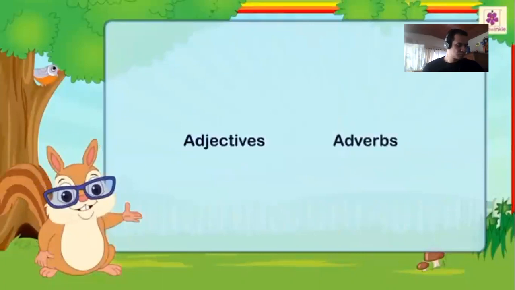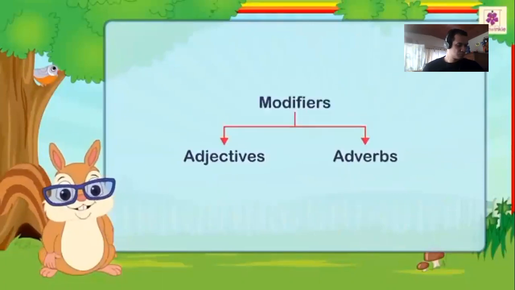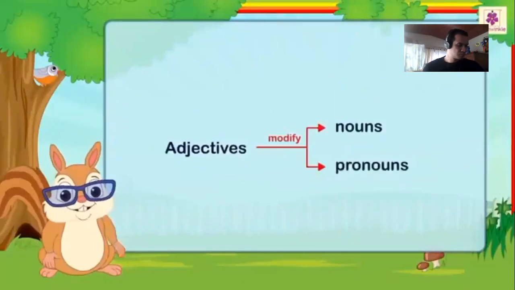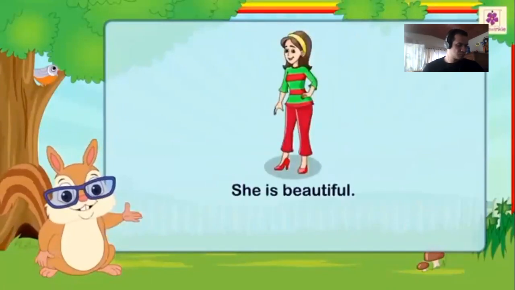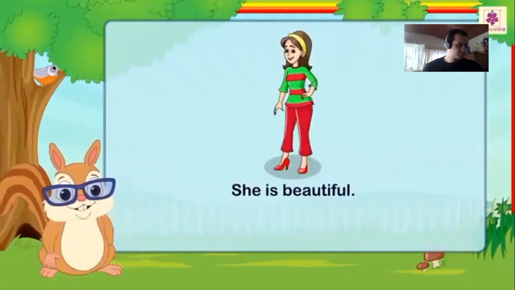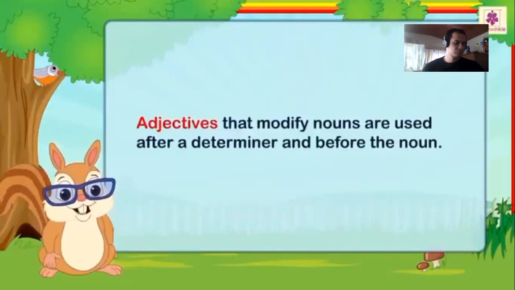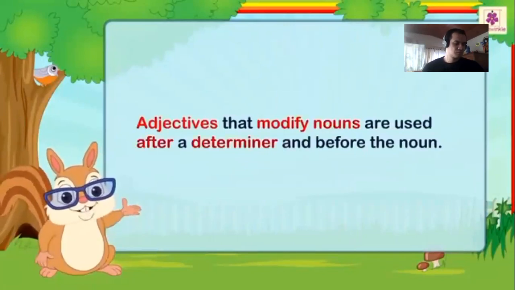Adjectives and adverbs are modifiers. Adjectives modify nouns and pronouns. For example, she is beautiful. Here, the adjective beautiful modifies the pronoun she. Adjectives that modify nouns are used after a determiner and before the noun.